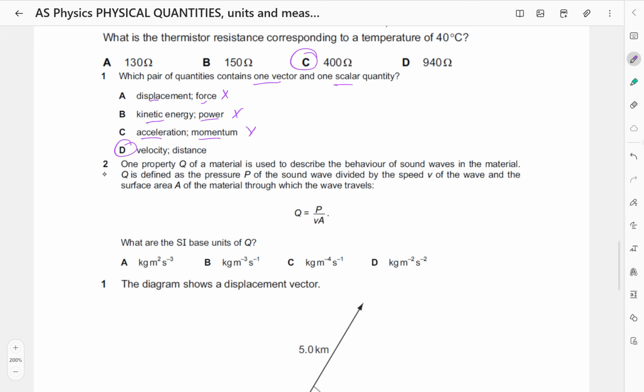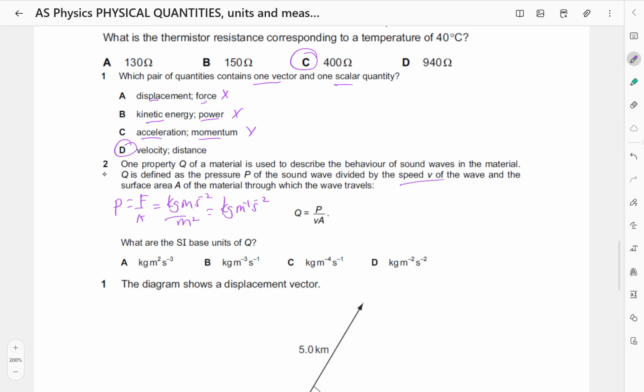What are the SI base units of Q? So P is pressure. Pressure has units force over area. The units are going to be kilogram meters per second squared divided by meter squared. So that is kilogram per meter per second squared.